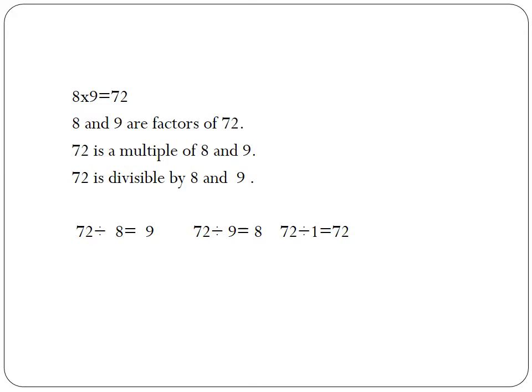And 72 is divisible by 8 and 9 also. That's why factors of 72 are 8, 9 and 1.